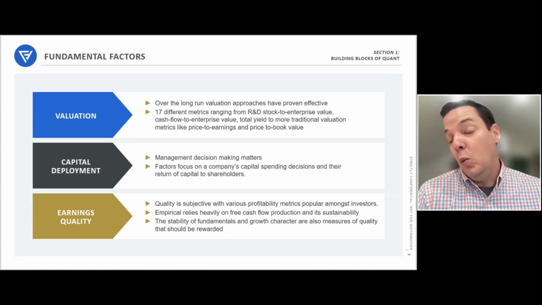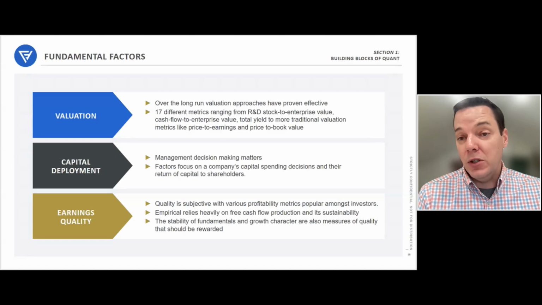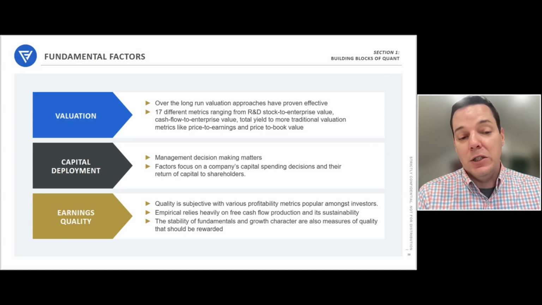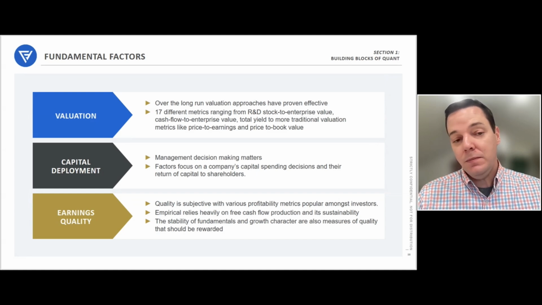But at Empirical, we rely really heavily on free cash flow margins. And we've seen more and more companies that our clients adopt that metric when it comes to judging quality. But we look at the free cash flow margins of a stock. We look at some interaction variables with looking at its sustainability or looking at its growth rate. Those are all things that ultimately can be beneficial when it comes to judging a stock's quality.